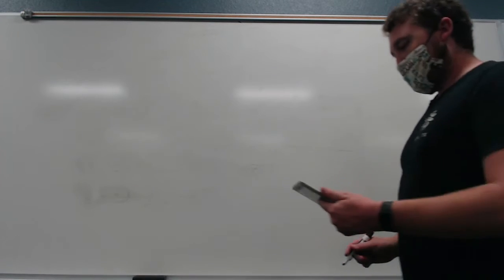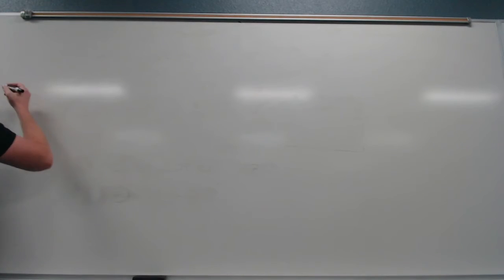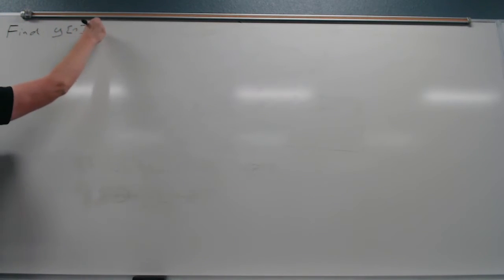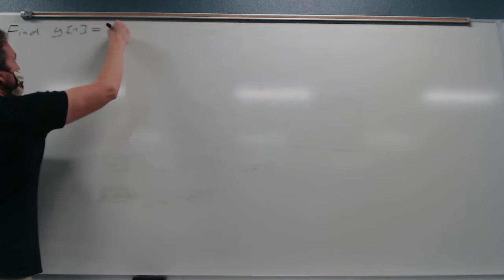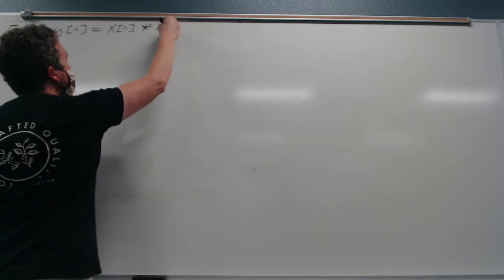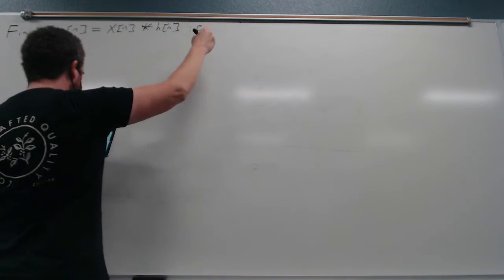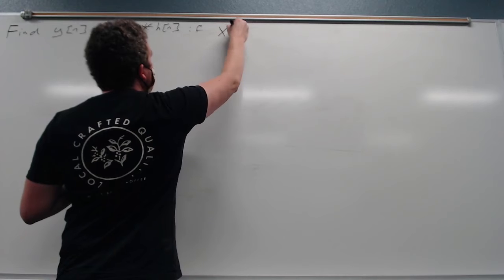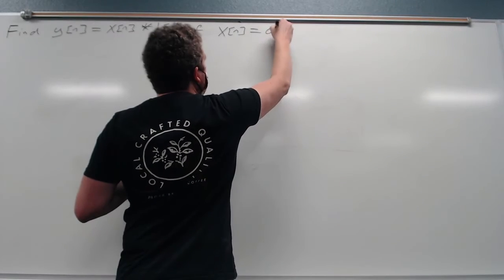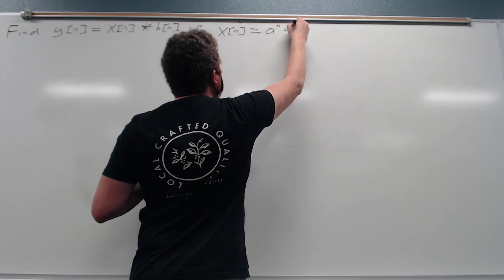So, let's do this one. Find y of n equals, of course, x of n convolved with h of n if x of n is equal to some constant a raised to the n times u of n.